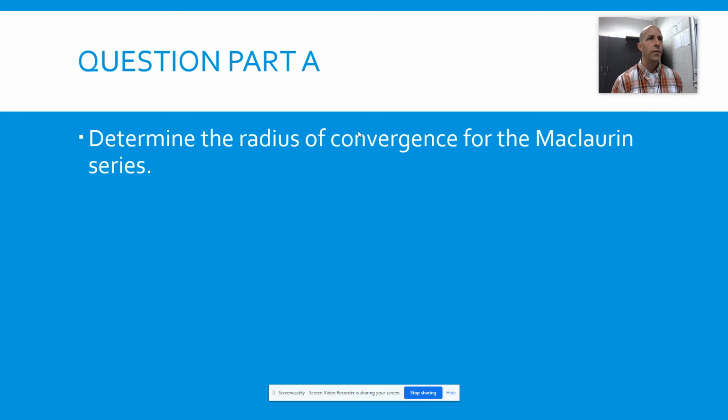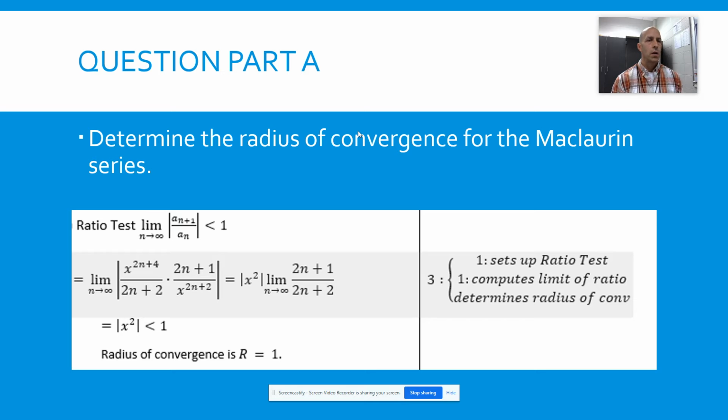For my first question, part A, determine the radius of convergence for the Maclaurin series. What the student needs to do first is set up the ratio test. So they need the limit as n goes to infinity of the absolute value of a sub n plus 1 over a sub n, and that needs to be less than 1. The student should compute that limit of the ratio test.